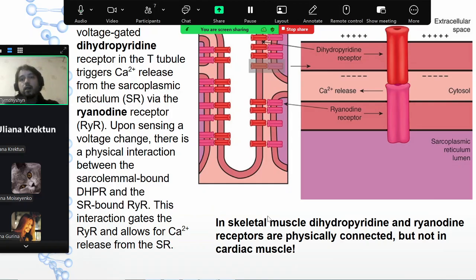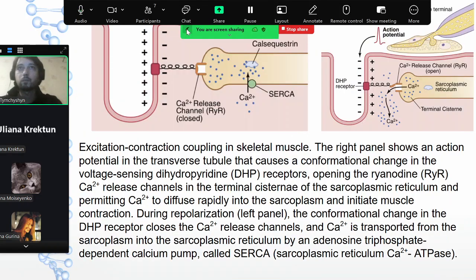Interestingly, notice that this physical connection is seen in skeletal muscles, but not in the cardiac muscle. I guess tomorrow we will get to cardiac muscle, so maybe we will consider certain properties of that muscle, but just notice that this connection is mostly bound to the skeletal muscles.